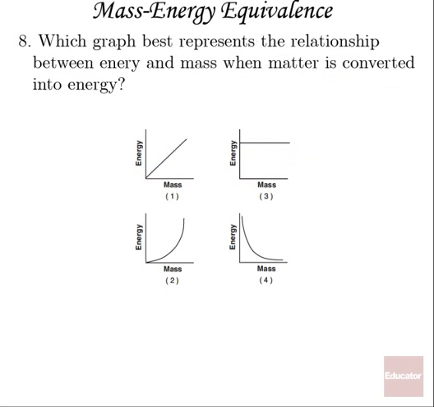Number 8. Which graph best represents the relationship between energy and mass when matter is converted into energy? Well, if E equals mc squared, and our variables are E and m, well, c squared is just a constant, so it looks like we've got a linear relationship between mass and energy. That's going to be that direct relationship, number 1.